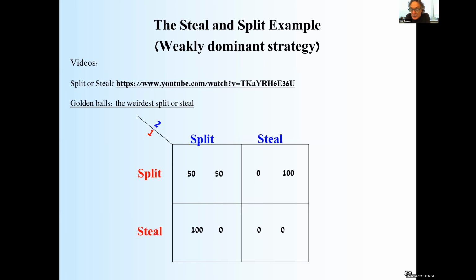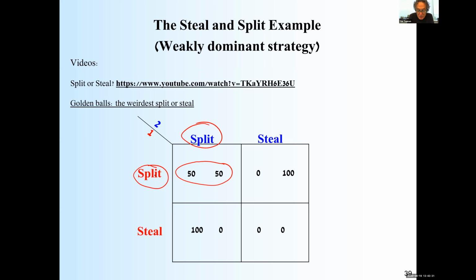So let's say that there is $100 or pound to split. If player one decides to split and player two decides to split, then each gets 50-50.